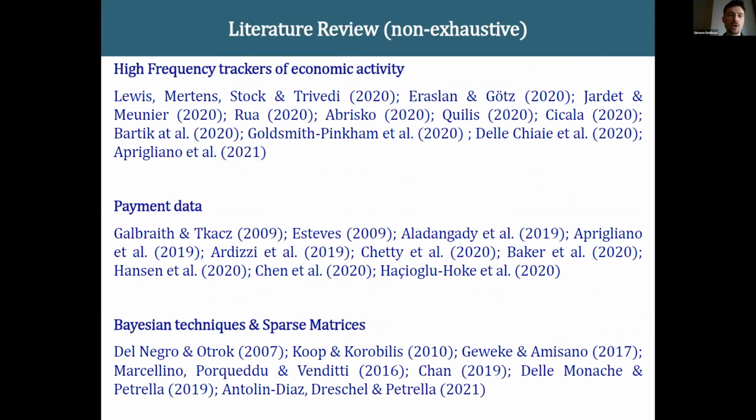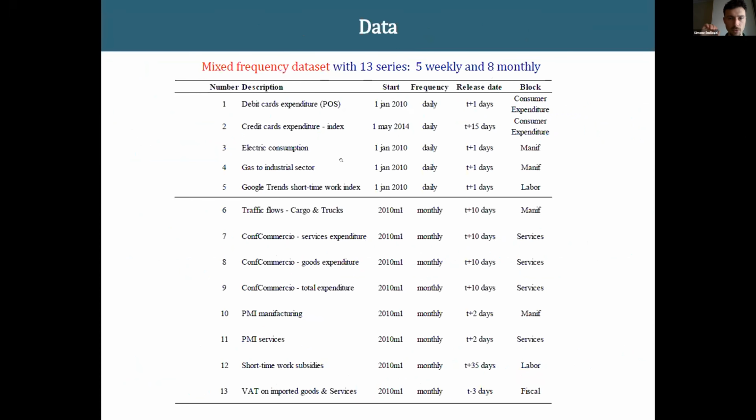So, very fast on the literature, we want to contribute to the literature on high frequency trackers of economic activity. Since we use payment data, because at the Bank of Italy we have a long enough tradition of 6-7 years of using payment data for nowcasting, we take from this tradition, and then we use Bayesian techniques for the estimation of the model.